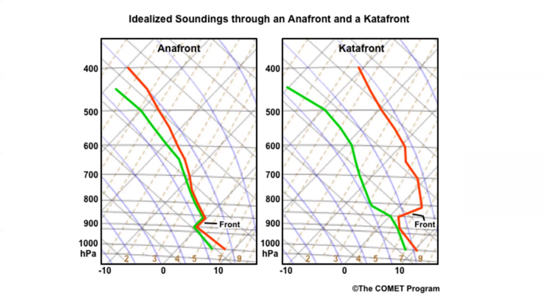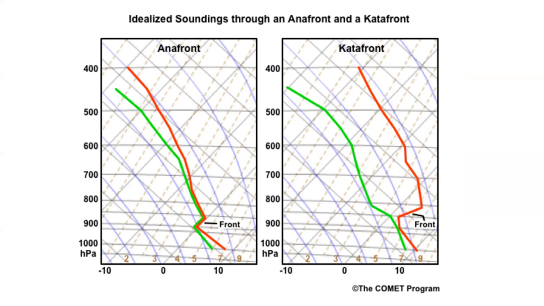However, at about the same height, that katafront is showing you this wide divergence of temperature with height, increase of temperature with height, and the divergence of the dew point from the environmental lapse rate here.